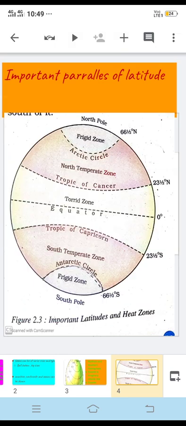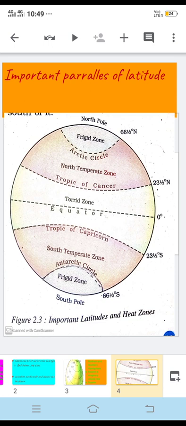So I hope you have understood all the topics regarding latitudes and globes. There are certain things about globes: compared with maps, globes cannot be easily carried. So there are certain disadvantages of globes. But there are advantages also, which help us understand the exact place of the different parts of the world.